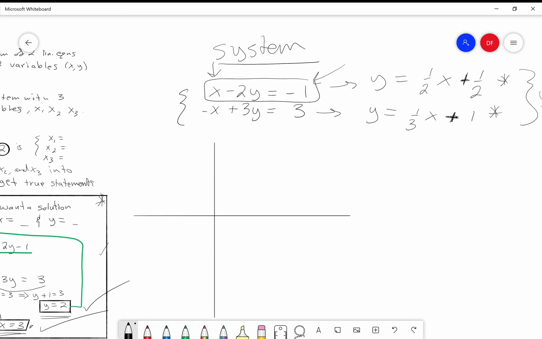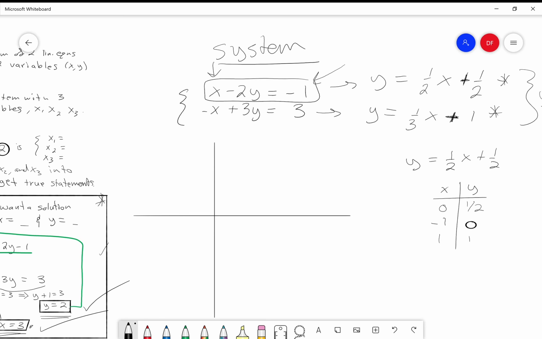We want to graph y equals 1 over 2x plus 1 over 2. Well, when x is equal to 0, y is equal to 1 over 2. When x is equal to negative 1, y is equal to 0. And when x is equal to 1, y is equal to 1.